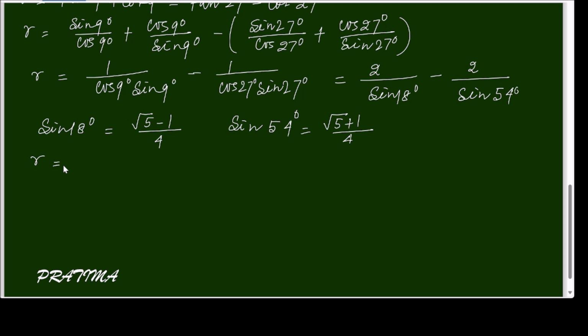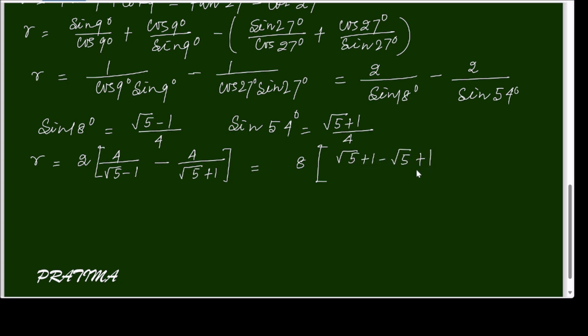So R equals 2, taking common, 4 over root 5 minus 1 minus 4 over root 5 plus 1, which is equal to 8 into (root 5 plus 1 minus root 5 plus 1) over (root 5 square is 5 minus 1). So this will be 16 by 4.